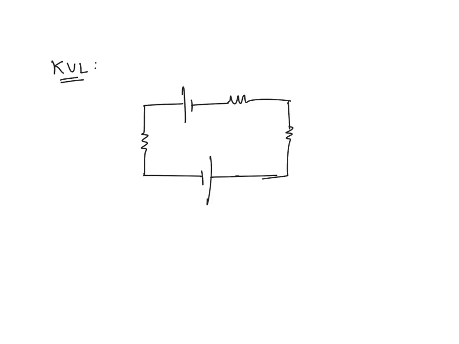So this is EMF E1, this is E2, this is R1, this is R2, and this is R3. Assume this is the current flowing through the entire circuit. This is an assumed current.